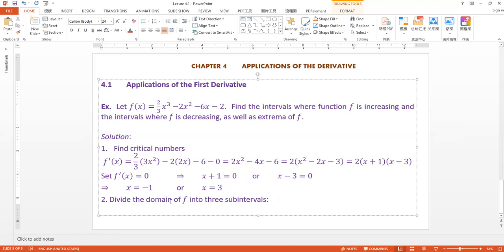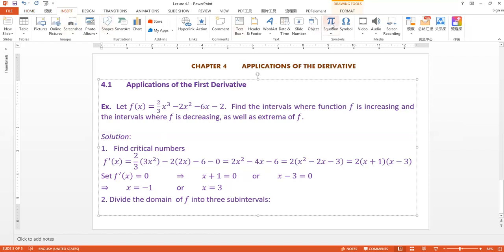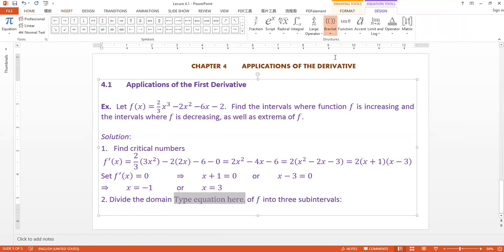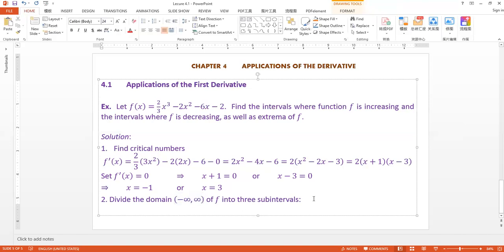Okay, so the domain, by the way, what's the domain of this polynomial? We know that the domain of a polynomial is all real numbers. So if you write in infinity notation, it's just from -infinity to positive infinity. It basically means all the numbers.